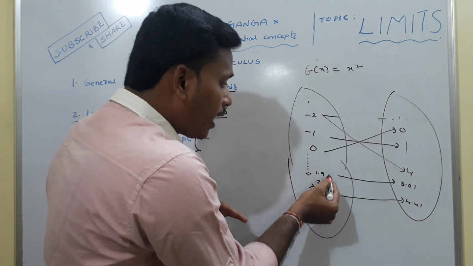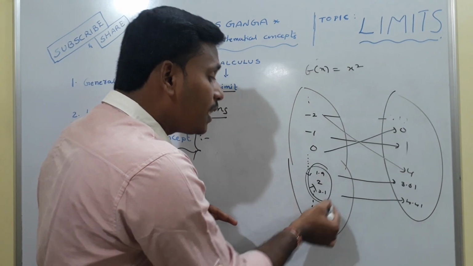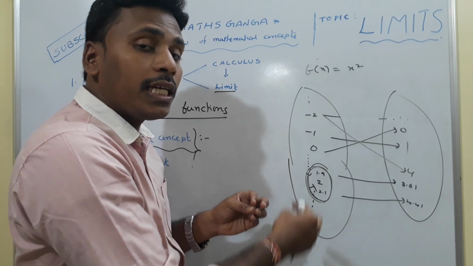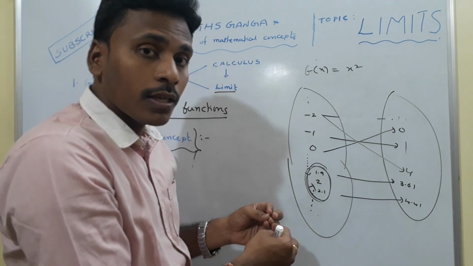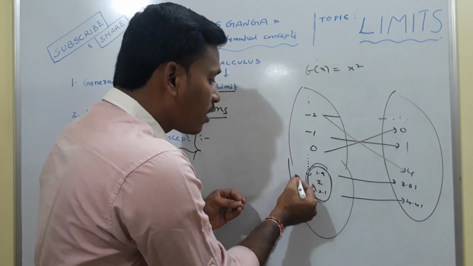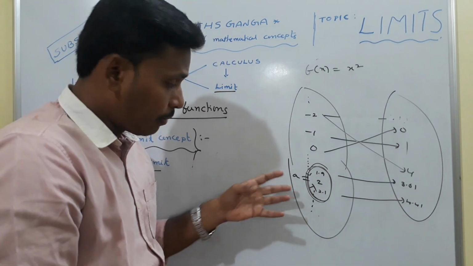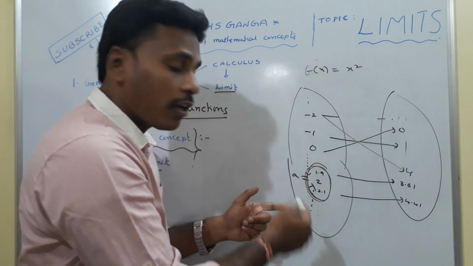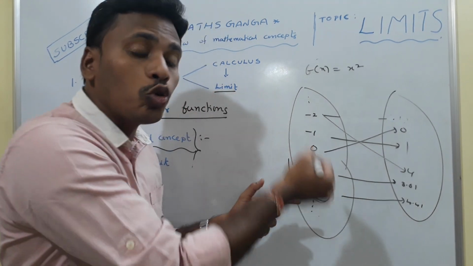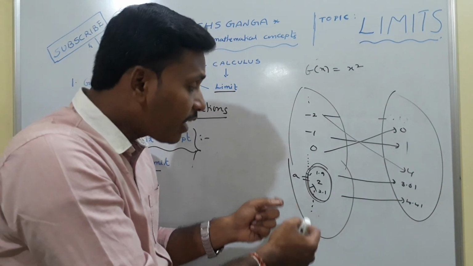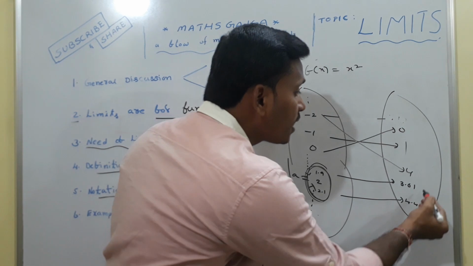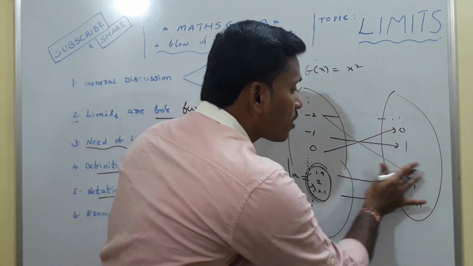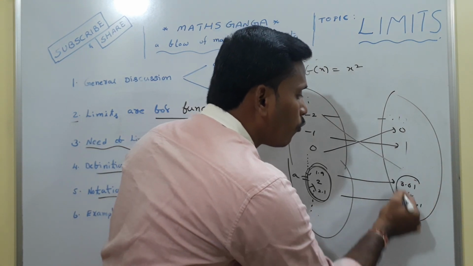That is, if x is changing in the smaller range of A, here A is nothing but 2 for my example, right? If x is approaching 2, very near, then in this codomain f of x is also approaching 4.